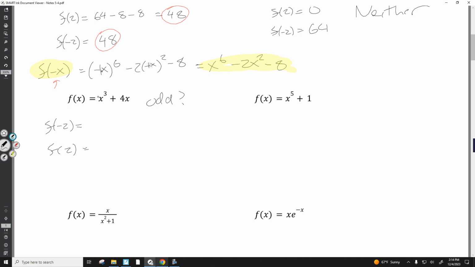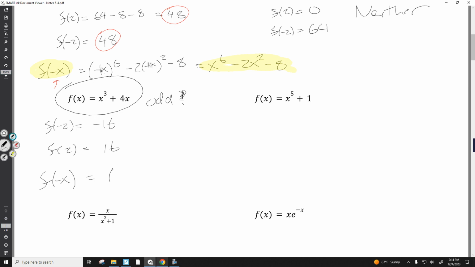I got -8 minus 8, which is -16. I got +8 plus 8, +16. Opposite x's, opposite y's. Okay, I'm feeling pretty good about odd. I'm closer to putting an exclamation point and circling it. But we got to double check for all opposite x's.